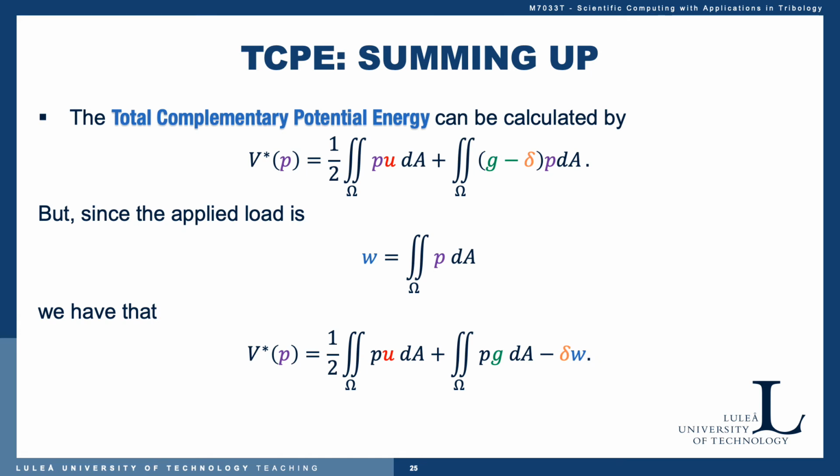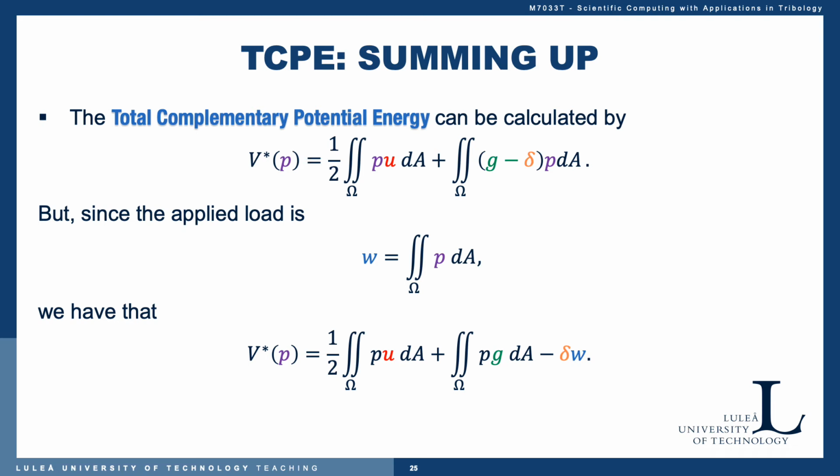Okay, summing up on the total complementary potential energy approach, we now know that we can compute it by means of this expression we just derived, but we also know that the applied load is given by the integral of the pressure over the area where it acts. Let's denote this by W as we've done before.